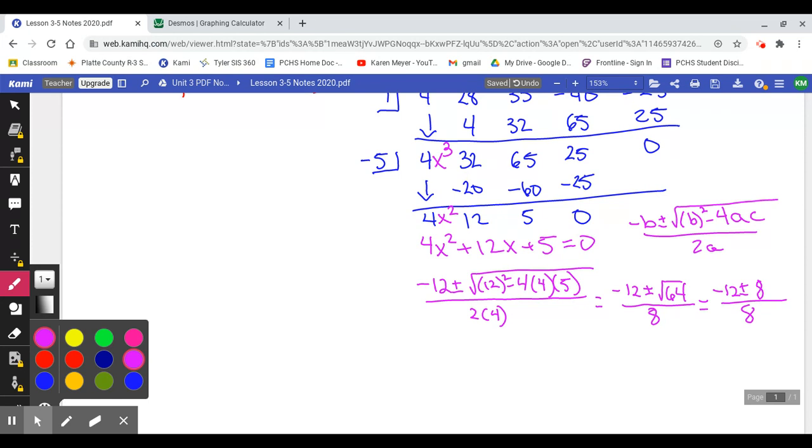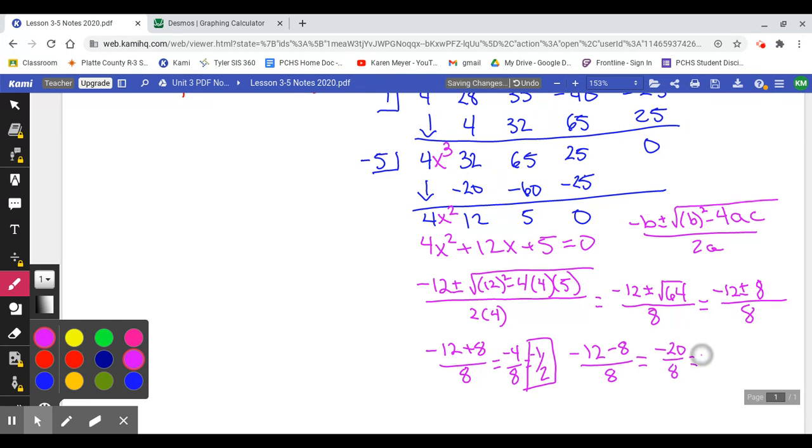So let's break our plus or minus apart. So negative 12 plus 8 over 8, and negative 12 minus 8 over 8. So on the first one, that will give me negative 4 over 8, which reduces to negative 1/2. And on the second one, I'm going to get negative 20 over 8.